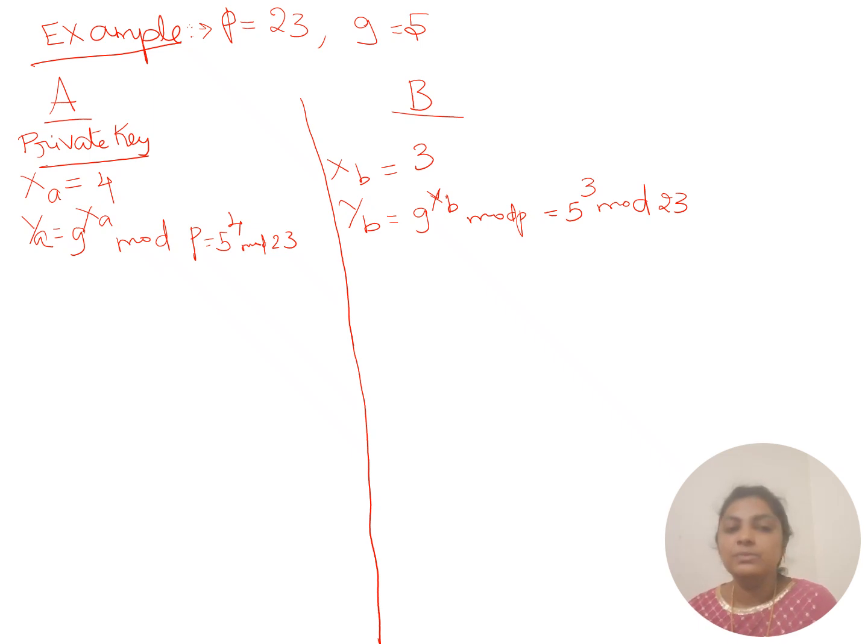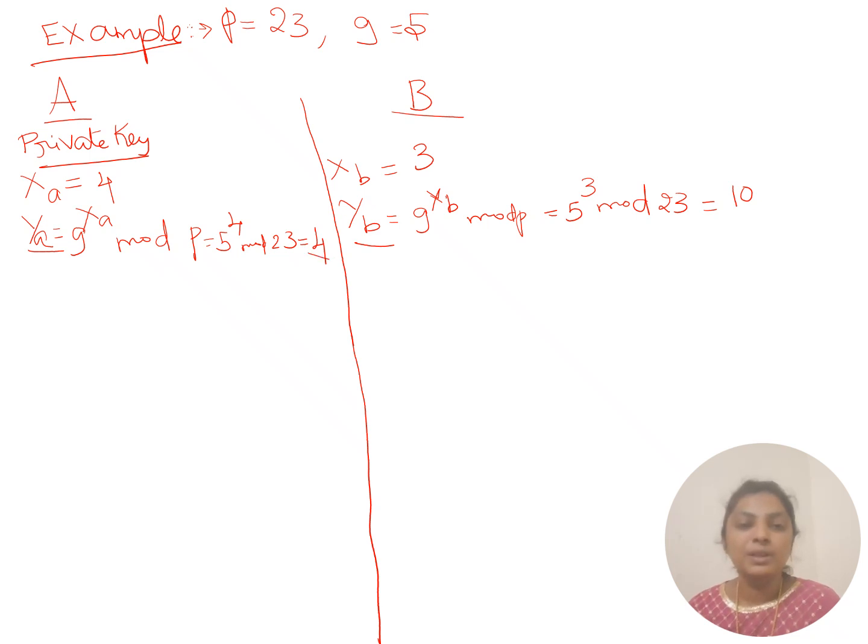Now the public key is calculated by both the parties, and I have calculated the answer, and we have done this exponentiation and power value calculations in the earlier videos itself. So YA will be 4 and YB will be 10.